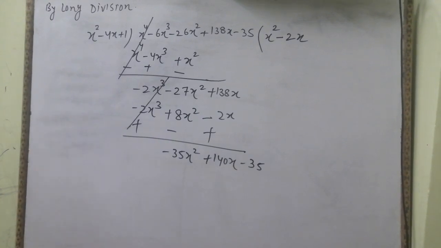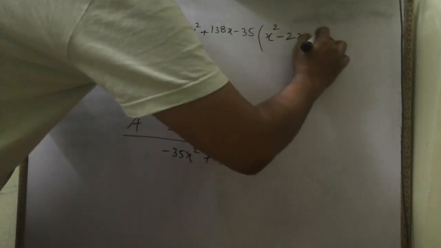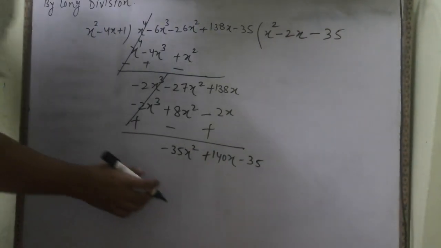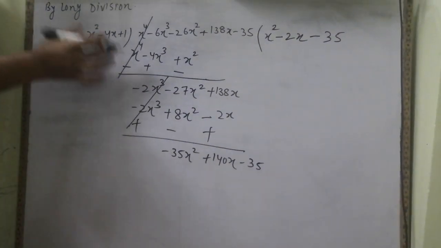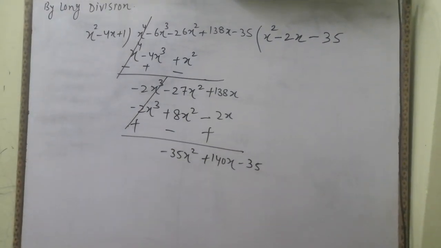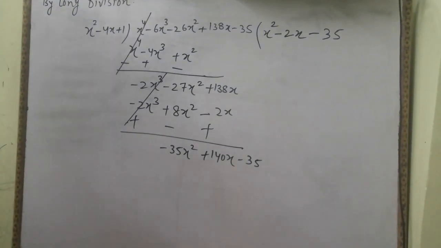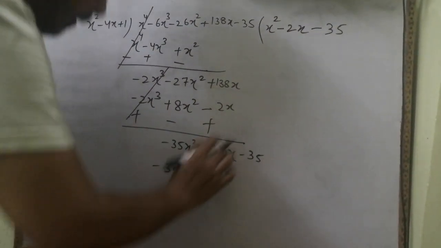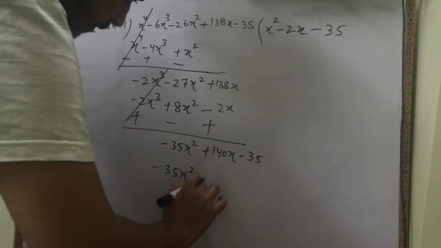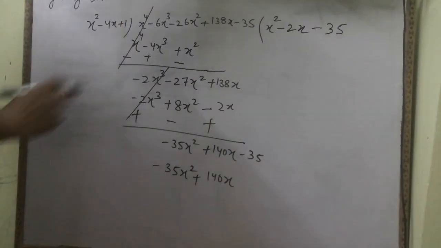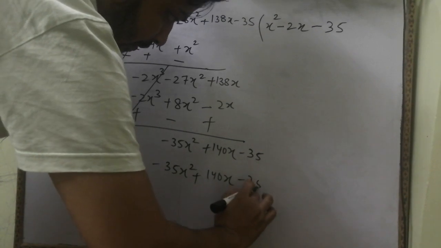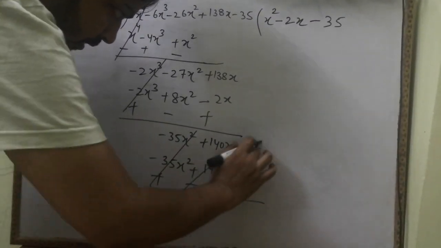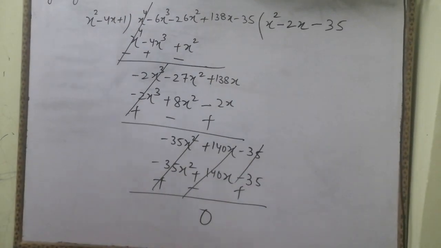Again minus is there, so put 35. Now 35 into x is minus 35x square, and minus plus 35 for the 140x plus minus 35. Change the sign, cancel out, and the remainder has come 0.